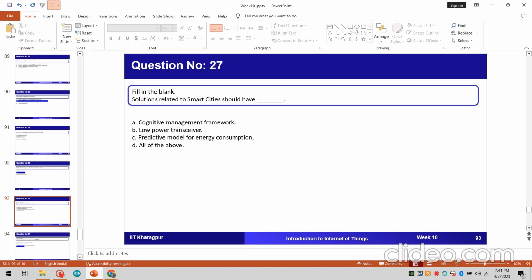Next question is, solutions related to smart cities should have blank: cognitive management framework, low power transceiver, predictive model for energy consumption, all of the above.